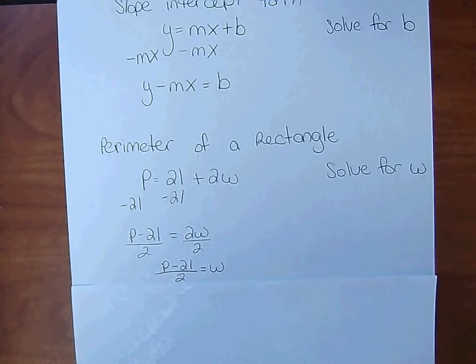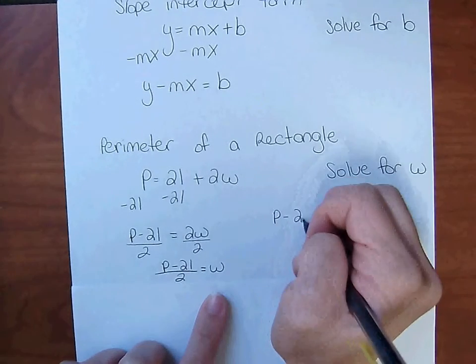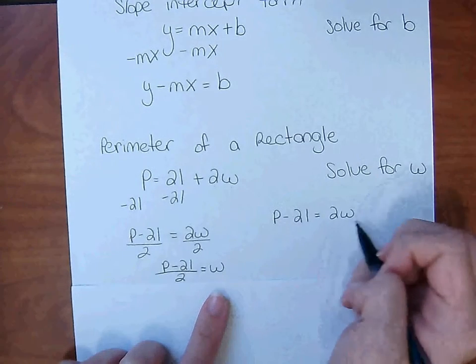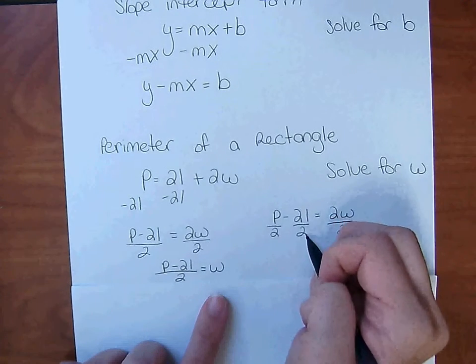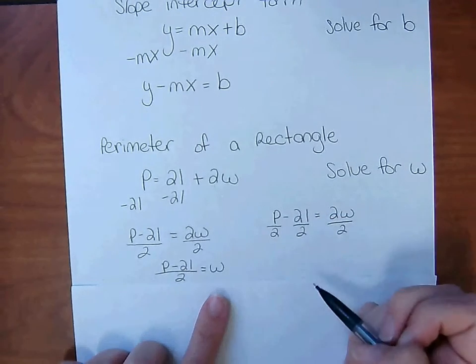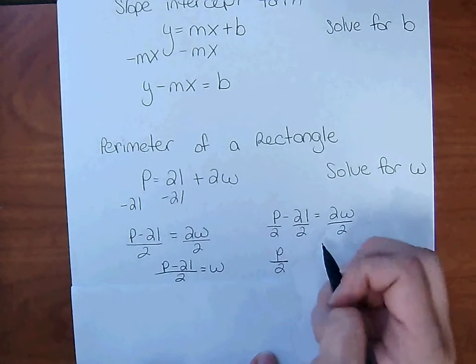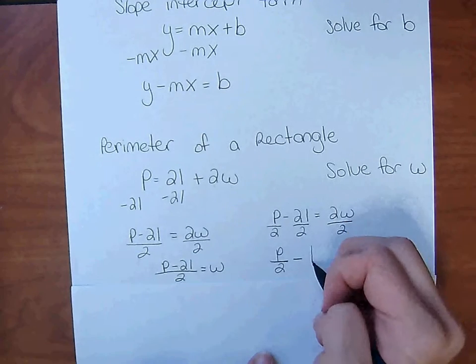However, it's not fully simplified. So let me start back at this step. And to divide both sides by 2, I'm going to divide each one of these terms by 2. So this will fully simplify our answer and leave us P over 2 minus 2 over 2 is 1. So that'll just be L equals W.